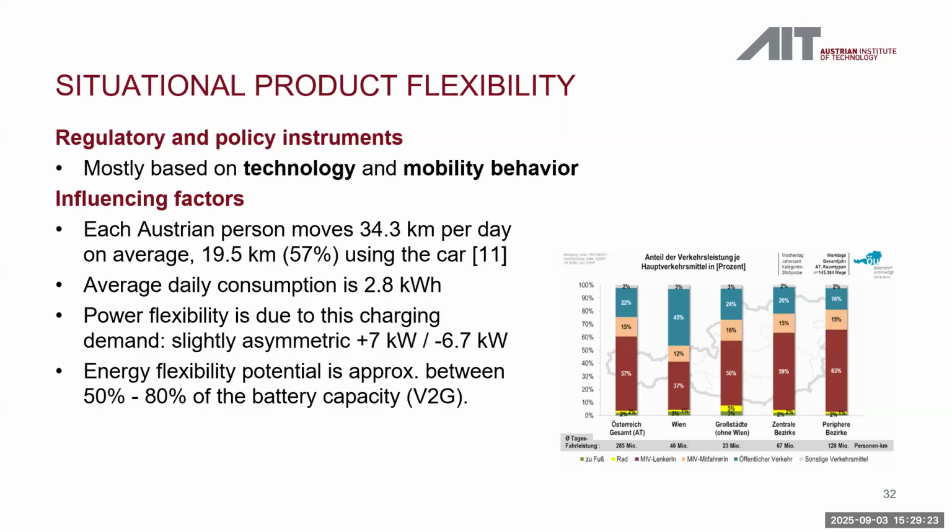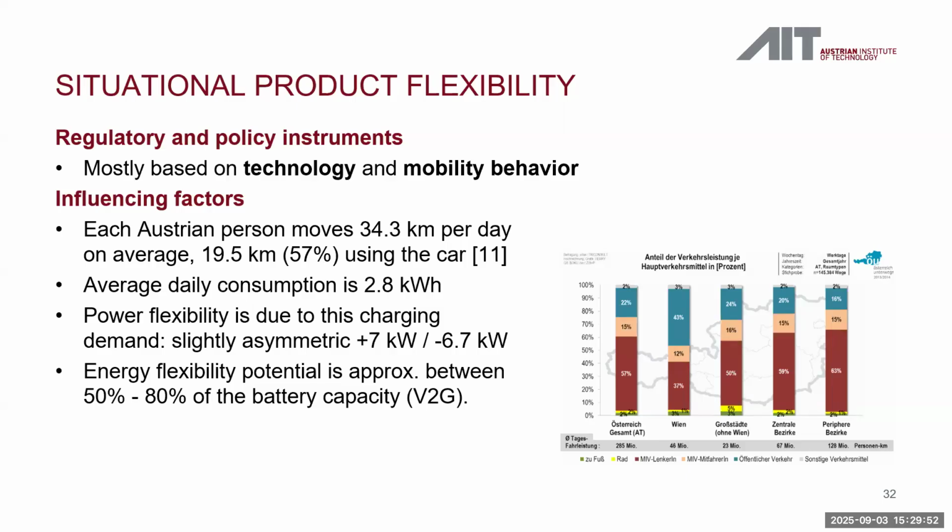And this translates a little bit into asymmetric flexibility, because we have more positive power flexibility than negative, because the car is more likely to charge what it is consuming per day. Therefore, we have 7 kilowatts to minus 6.7 kilowatts when it comes to power flexibility.